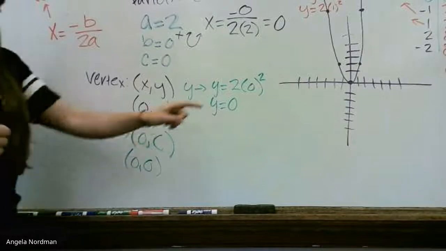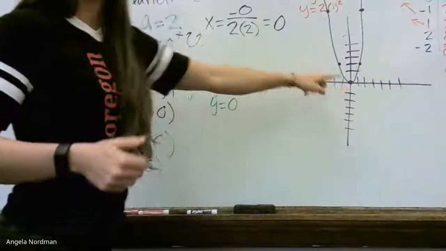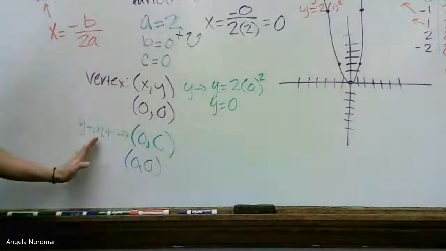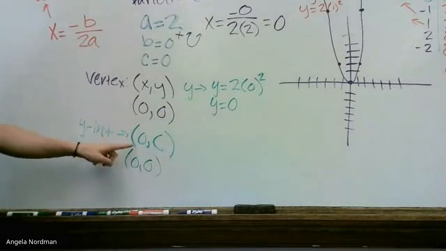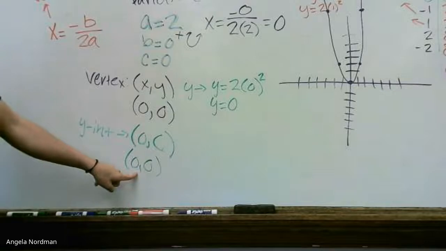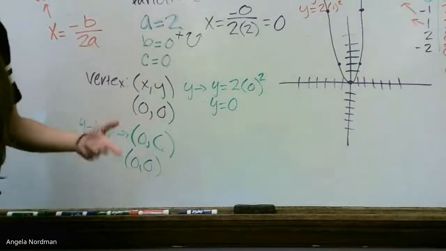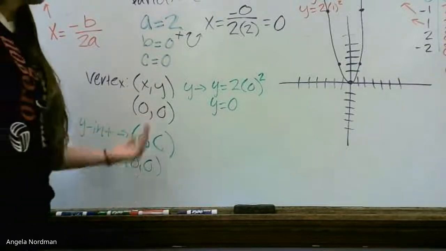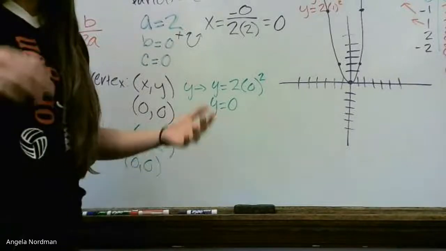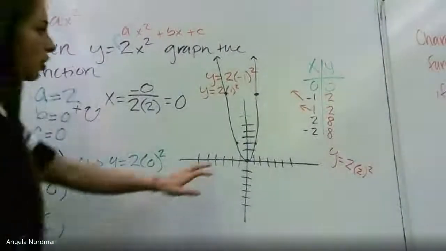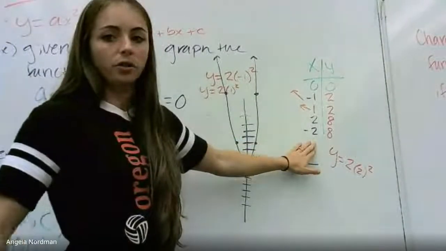Then after we found and plotted that vertex, we came over and then we found our y-intercept using the formula 0c. We found that was 0, 0. That didn't give us any new points, but it usually will. After finding that, that's when you say, okay, we're done with our formulas. Let's go ahead and start making our table, okay?